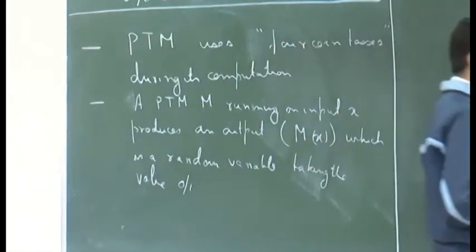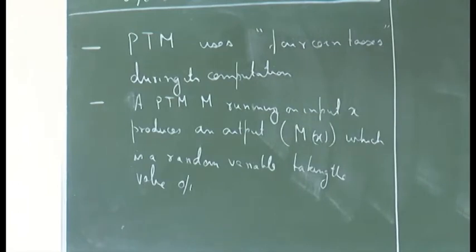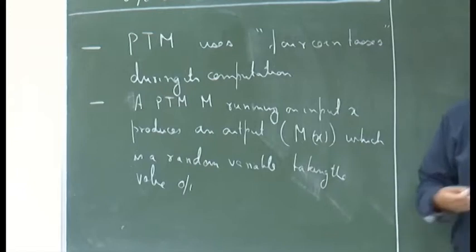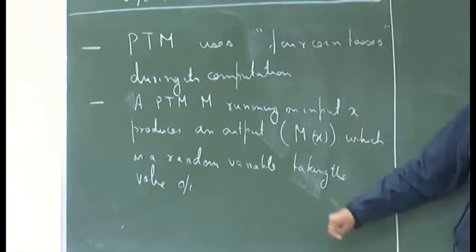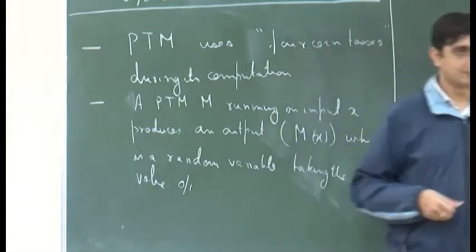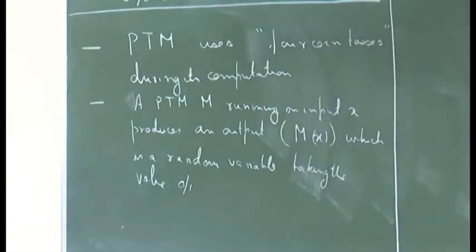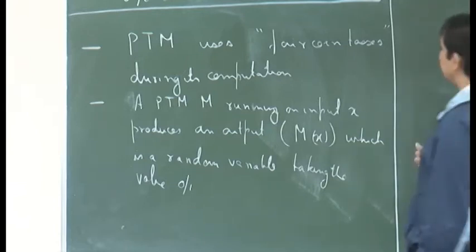You can think of the output of a machine on an input as a random variable, and the reason we call it a random variable is that the machine on this particular input has a sequence of random steps. Whatever the final output that it is producing, that is a random variable and it takes the value 0 or 1. So, this is the basic intuition. Let us formalize the definition and look at the acceptance criterion, which is the most important thing.